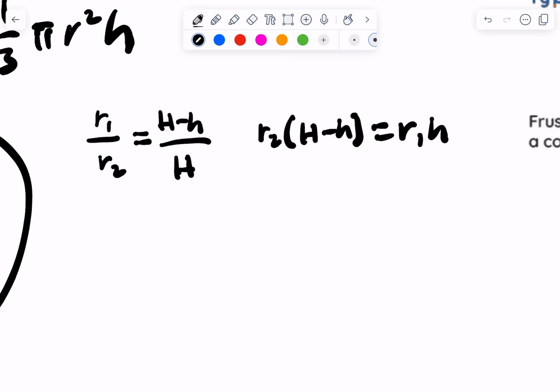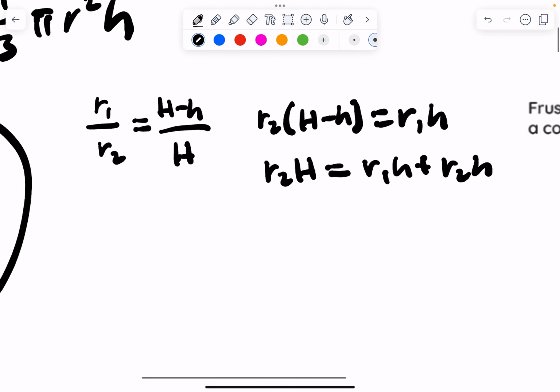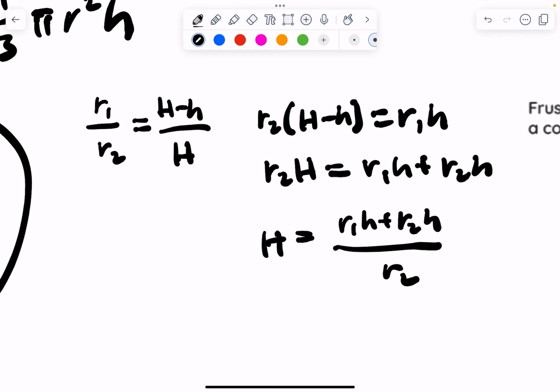Then r2 H equals r1 H plus r2 h because we expand and move this part over. Sorry, give me 1 second.